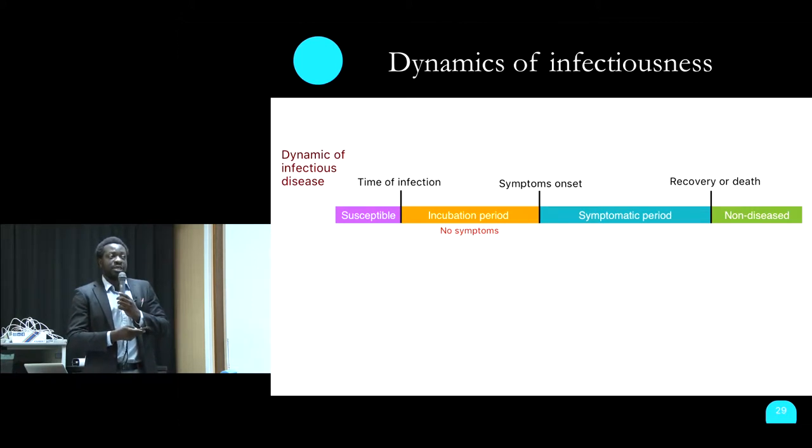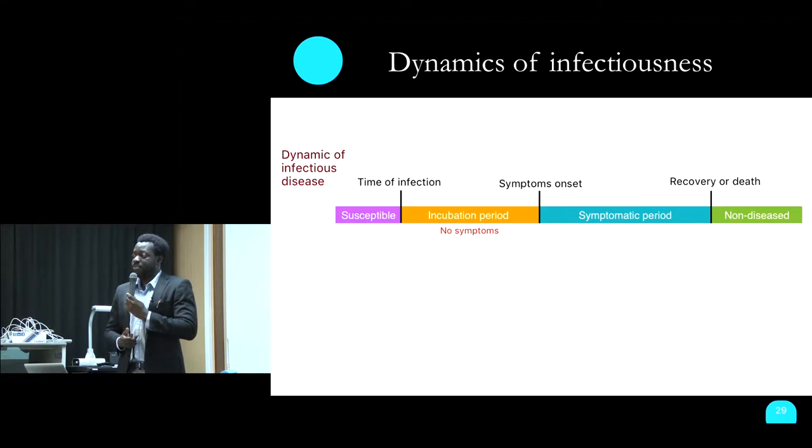The characteristic here is that there are no symptoms. You look well, apparently. Then we have the start of symptoms, which is the symptomatic period, this period here, and a recovery or death, depending on the outcome.